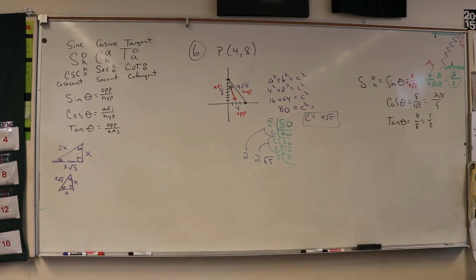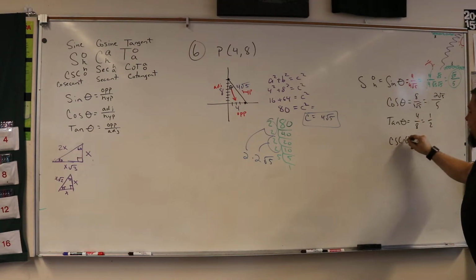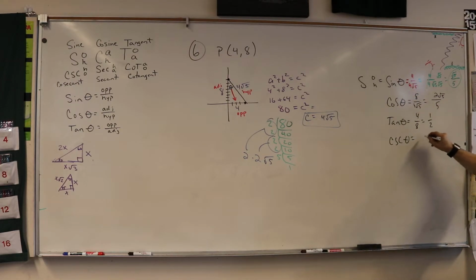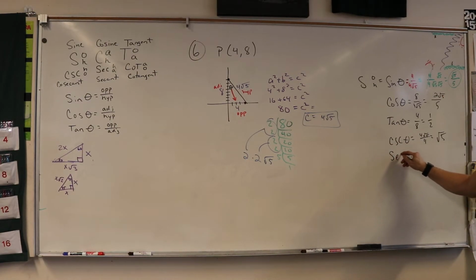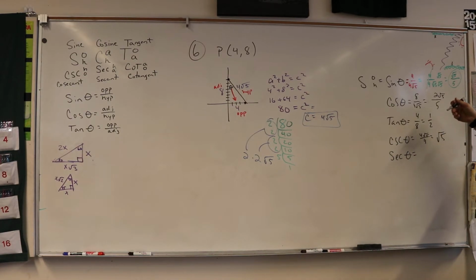Okay? Now the cool part is, the rest of them, we just flip it. What's the inverse of sine? Co, right? No co, so it's cosecant. Cosecant of theta is equal to sine flipped. So that's just the 4 square roots of 5 over 4, which is the square root of 5. Right? And then secant. Secant is just cosine flipped, right?